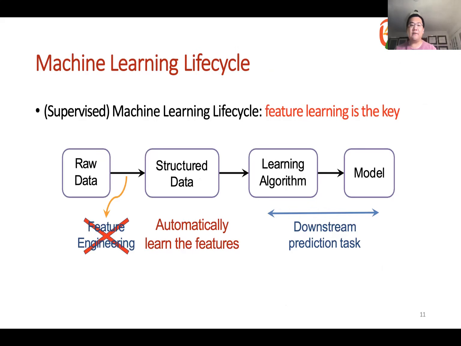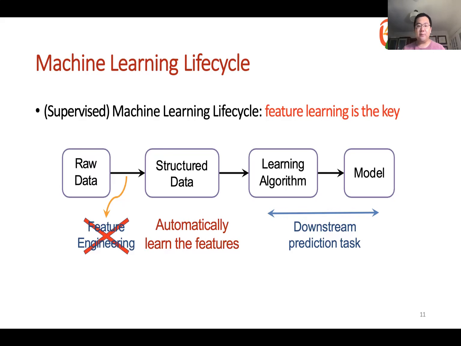For anyone who already has experience in machine learning and NLP, we all know that feature learning is very important. Before deep learning, people spent a lot of time on feature engineering, because how to transform raw data into a structured feature matrix is very important.